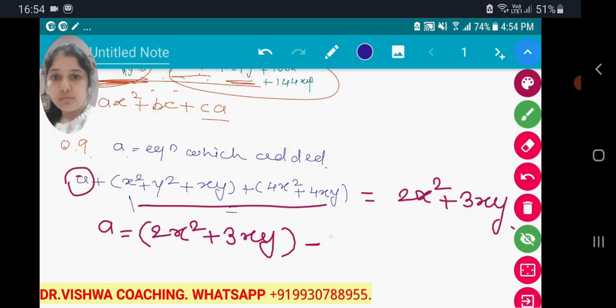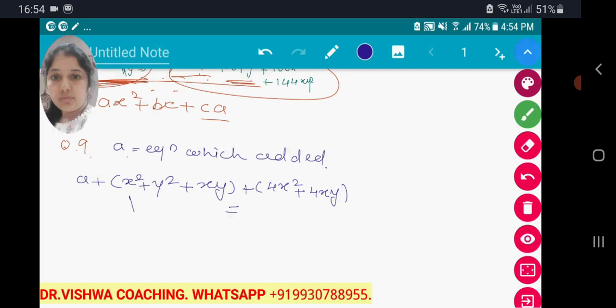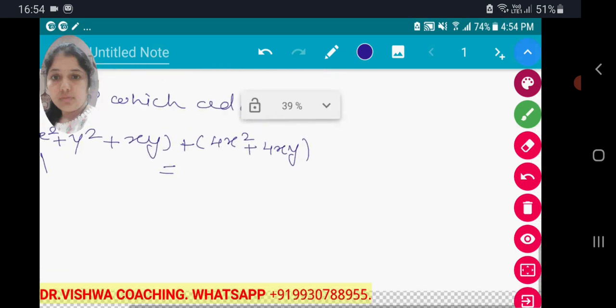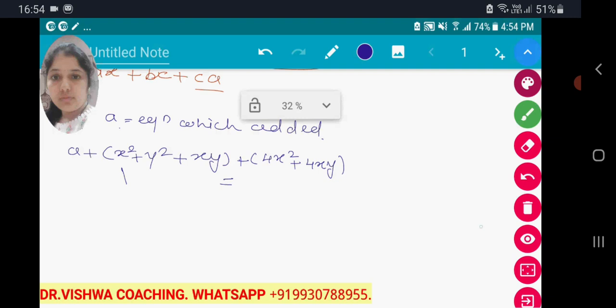minus x square plus y square plus xy plus 4x square. Okay.